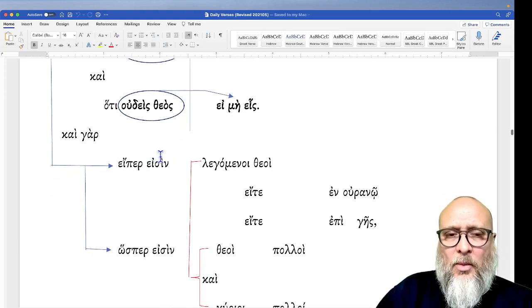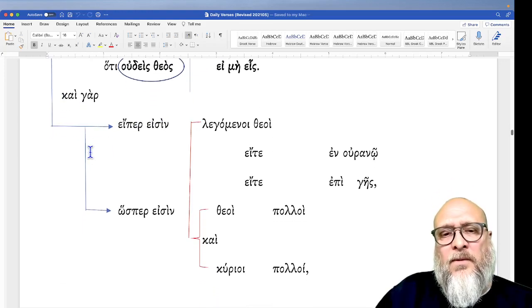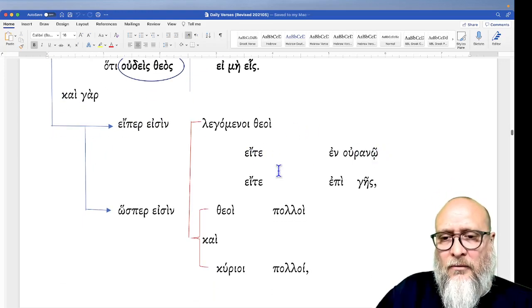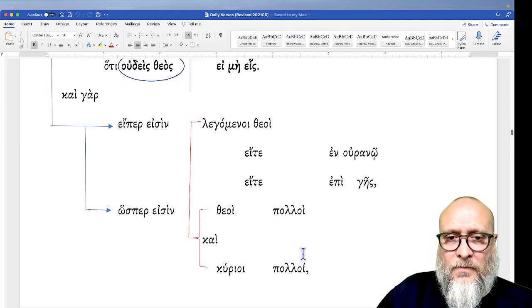Either way, he's supporting the point. For even if there are so-called gods, whether in heaven or on earth, just as there are gods many and lords many. So notice he's gone, so-called gods, gods many, lords many.